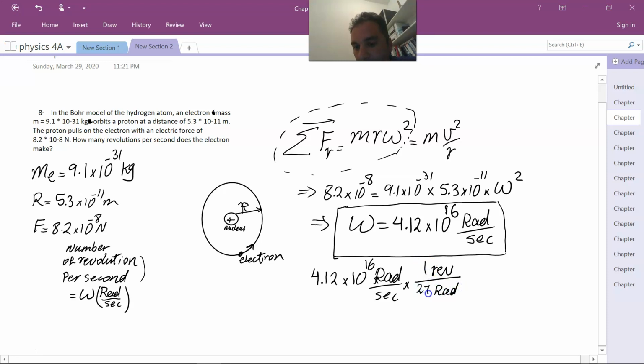One revolution is 2 pi radian. Second is second, so my answer will be that number divided by 2 pi, correct? Yes. So it will be 6.56 times 10 to 15 revolutions per second. Number of cycles per second.